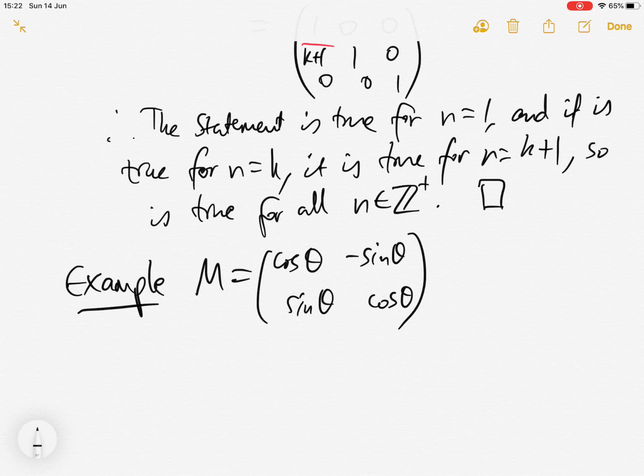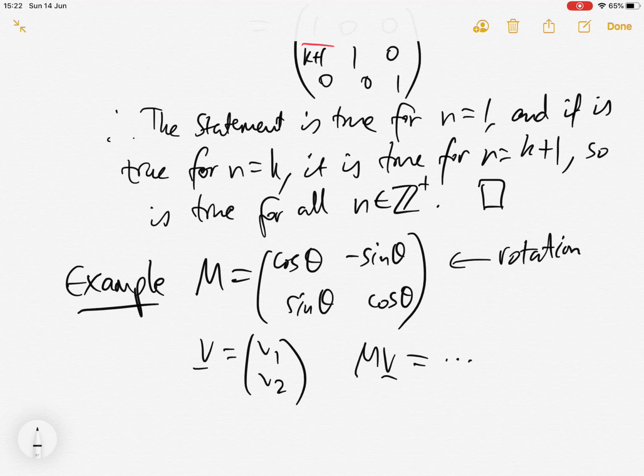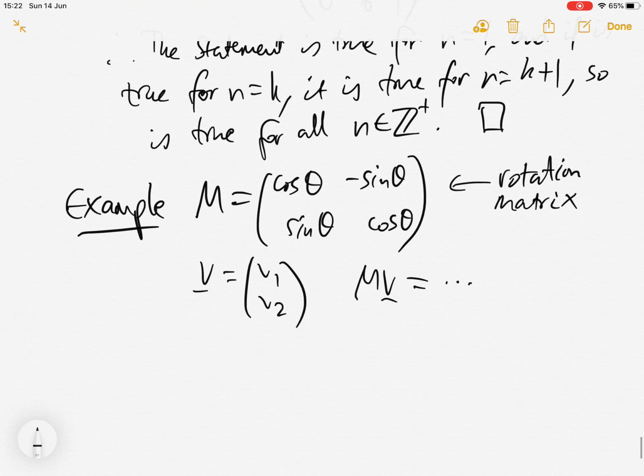If we multiply this by some 2-by-1 vector V, which is V1, V2, we could ask what MV is, and what kind of geometric effect it has on V1, V2. We'll see later in chapter 7 that this is actually a rotation matrix. The effect this has is it rotates a vector by the angle theta anti-clockwise, centered at the origin.